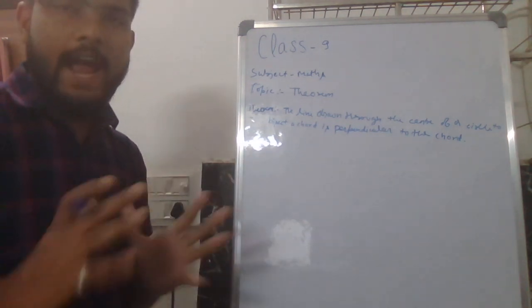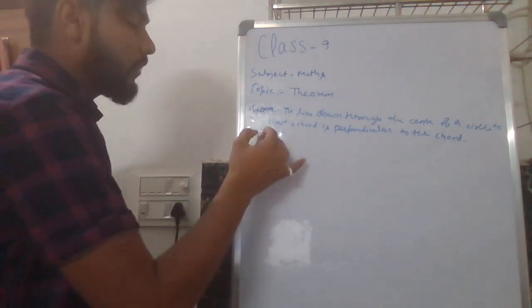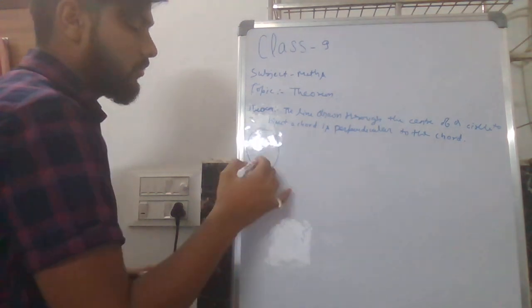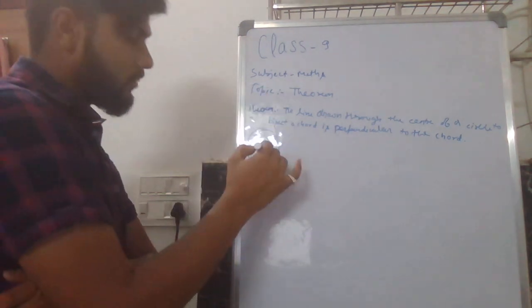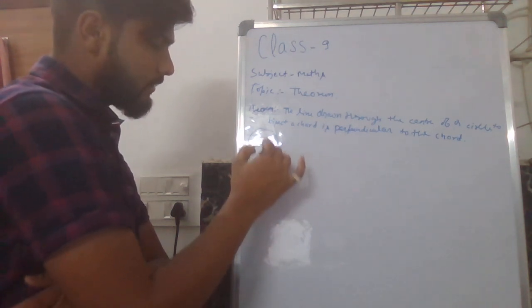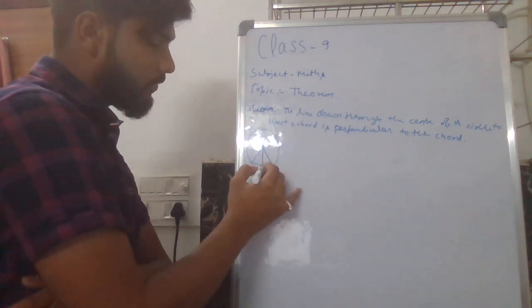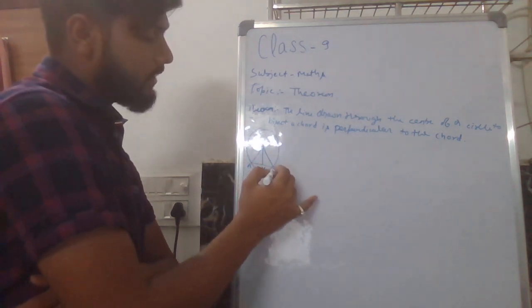What we need to prove in this theorem: first we will draw one circle, then make one triangle like this. This is the middle point, so we will name it O, and here M, and this one AB.